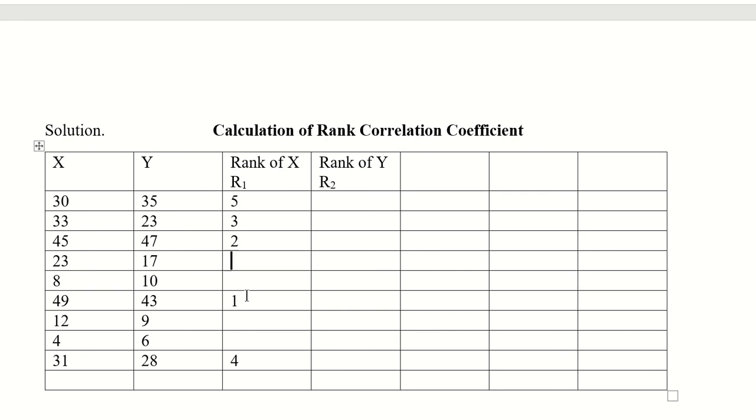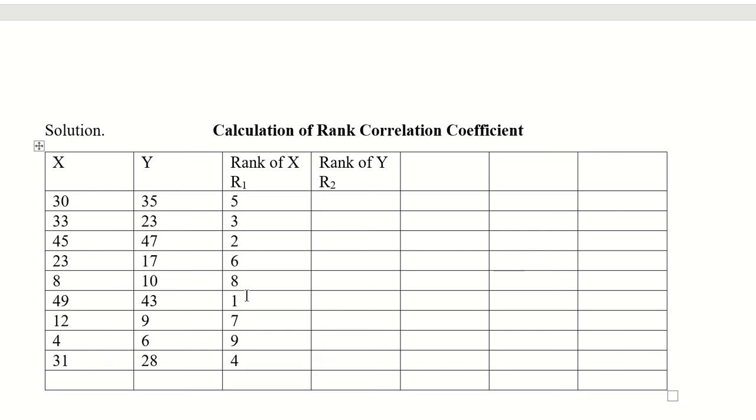Less than 30 is 23, so this is rank 6. Then we have 12, rank 7. Then rank 8, and 4, rank 9. Now similarly we will give ranks to Y also.